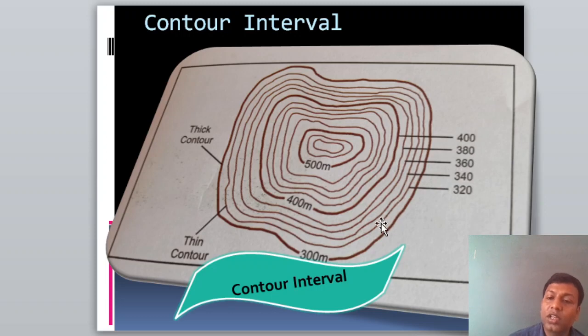So the difference between two contour lines is 20. How can we find it? Take the greater value of consecutive contour lines minus the smaller value of contour lines; that is the difference.